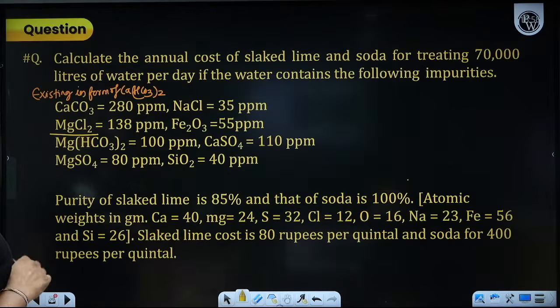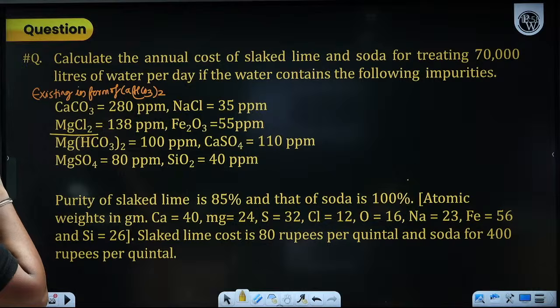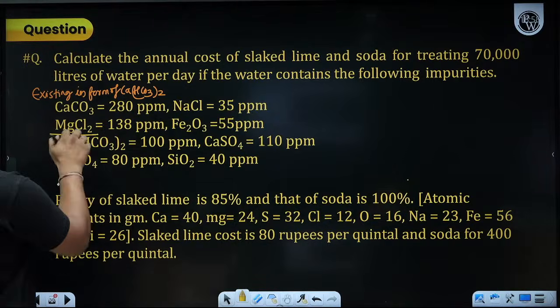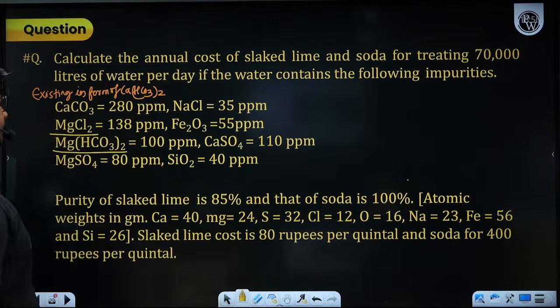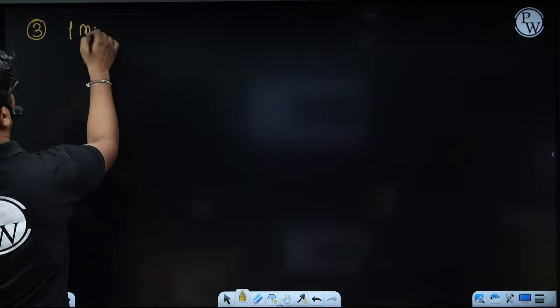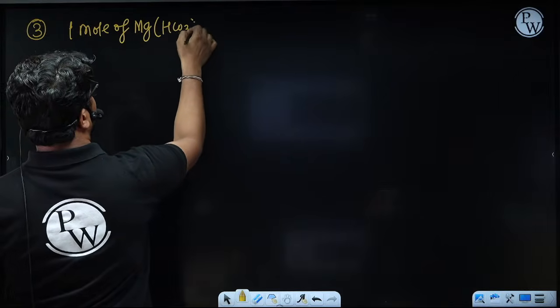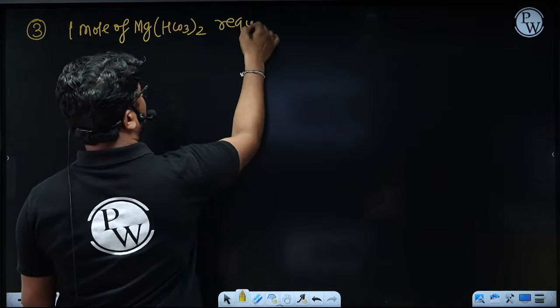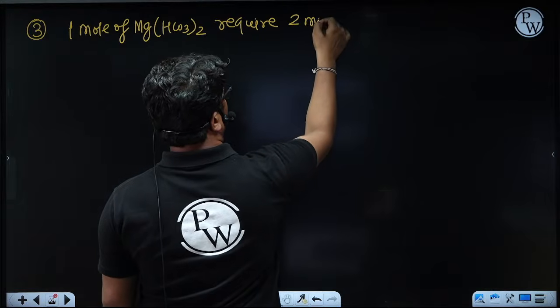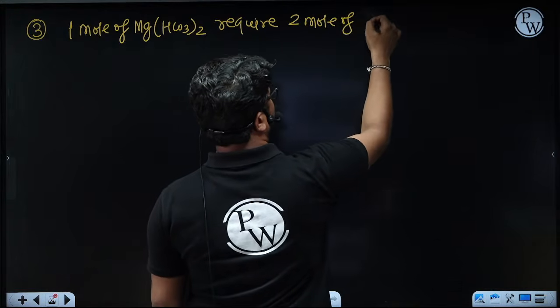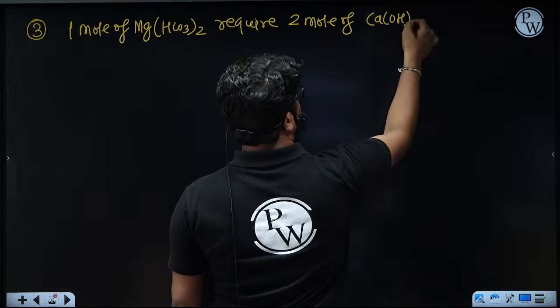Come to the third point. Now for Mg(HCO3)2, magnesium bicarbonate, 100 ppm is there. So magnesium bicarbonates need 2 moles of Ca(OH)2. So 1 mole of Mg(HCO3)2 requires 2 moles of Ca(OH)2.